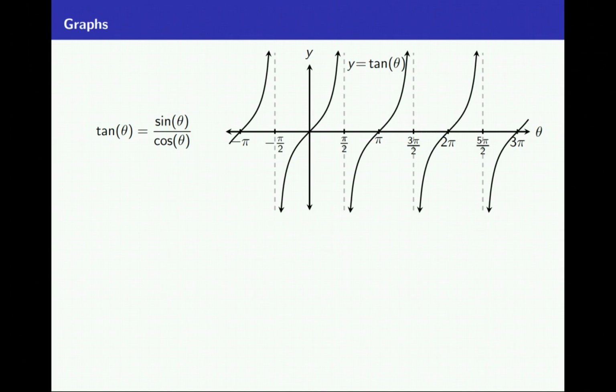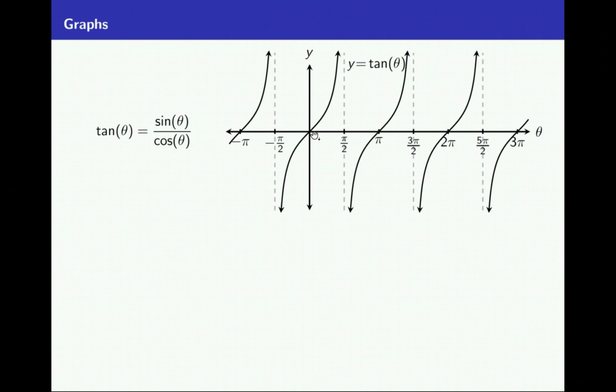For the graph of tangent theta, it's sine theta over cosine theta. So thinking about this, if theta is 0, sine of 0 is 0, cosine of 0 is 1, so we get 0 divided by 1. Tangent of 0 equals 0. So the graph passes through this point right here.